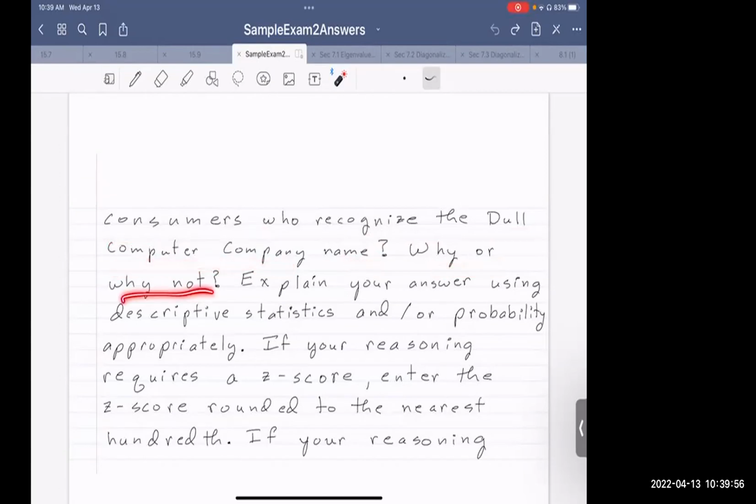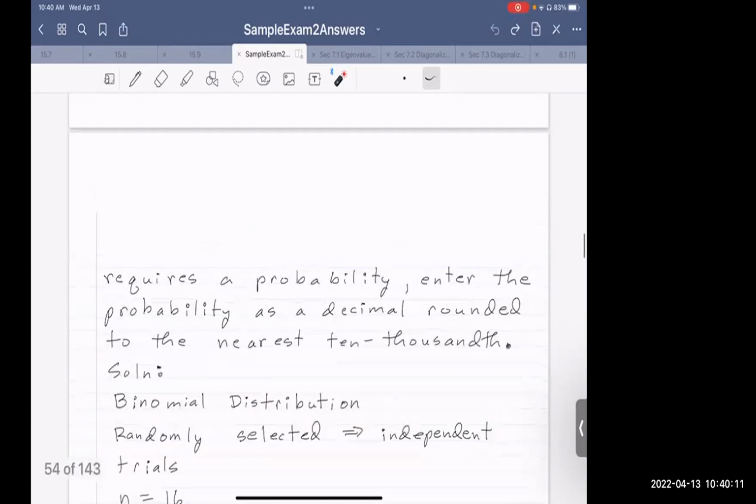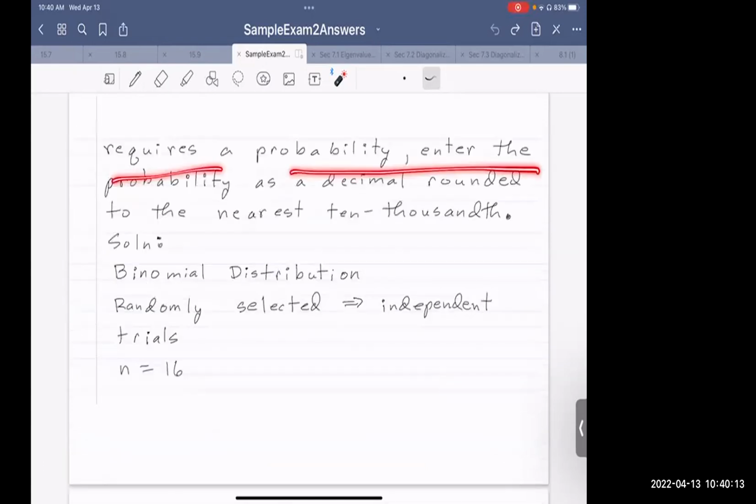Why or why not? Explain your answer using descriptive statistics and/or probability appropriately. If your reasoning requires a z-score, enter the z-score rounded to the nearest hundredth. If your reasoning requires a probability, enter the probability as a decimal rounded to the nearest 10,000th.